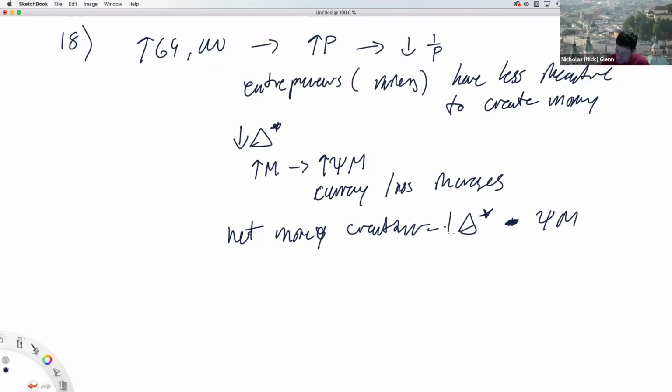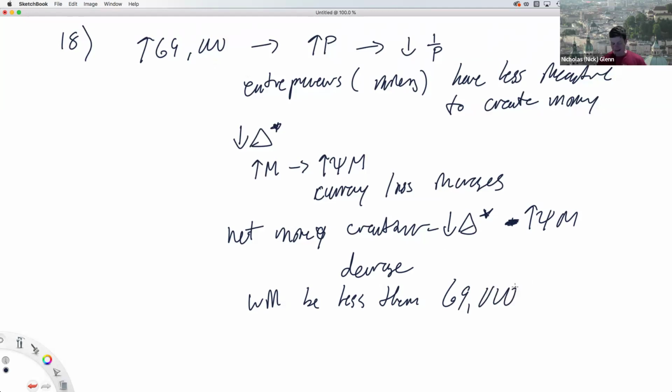And since this is going down and this is going up, both of these are going to lead to a decrease in net money creation next period. It's not going to go negative, but it's going to be lower than 69,000. And that's the way this works. It's going to keep decreasing.